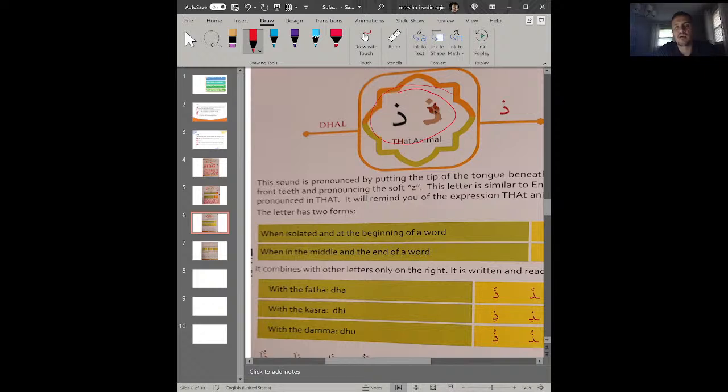Is it z? Don't say z. There are 3 letters in Arabic from the family z, but not like zebra. This one is the soft one. You put your tongue in front of teeth and say the.